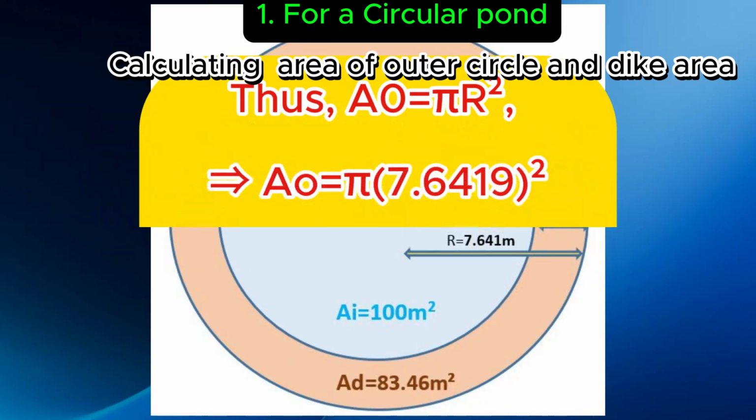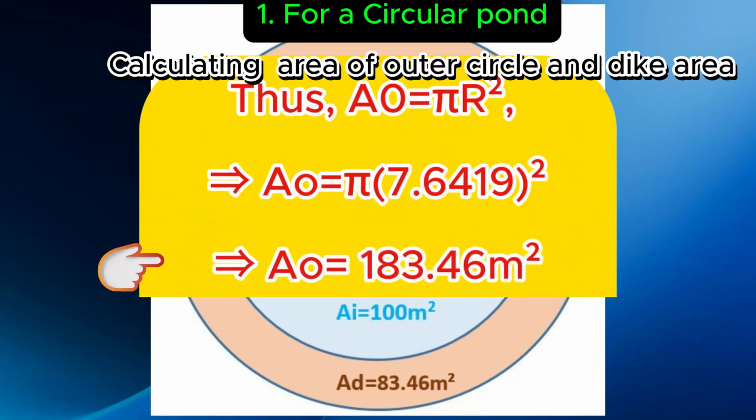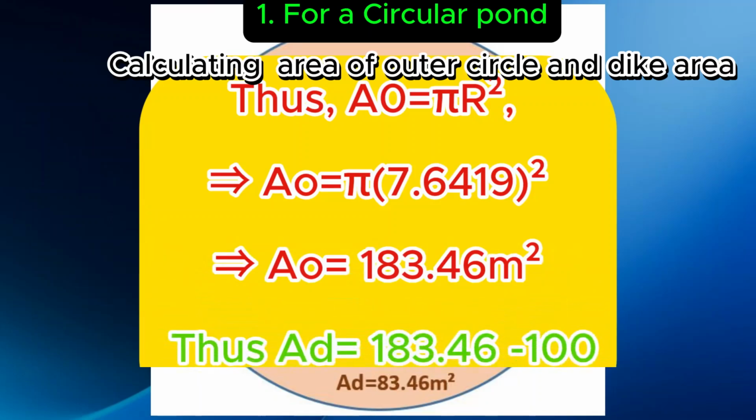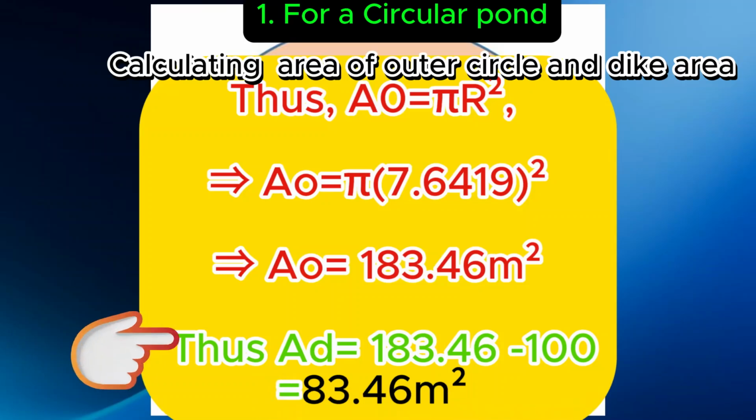Solving for AO gives AO equals 183.6 square meters. To get the area of the dike, AD, we subtract AI from AO. Thus AD equals 183.6 minus 100, which gives 83.6 square meters.